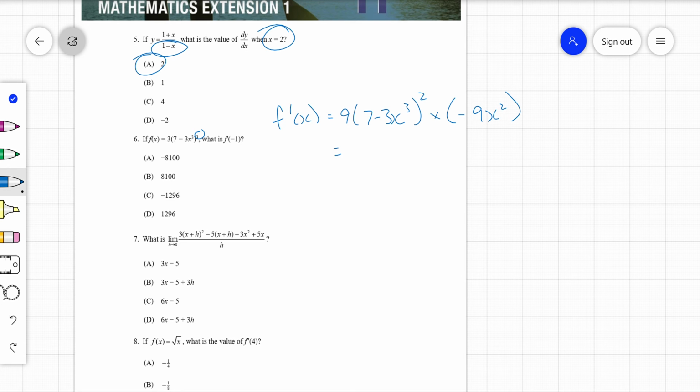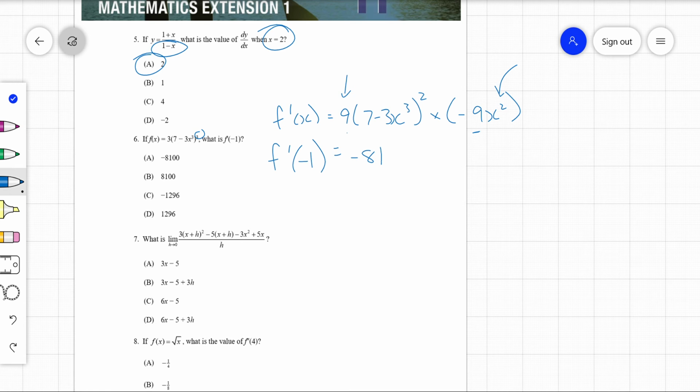So I've got negative 9 times 9, which is negative 81, and if I'm actually subbing, I'll sub in straight away, negative 1. So when I sub negative 1 all squared, that's just 1. So 1 lots of negative 9, negative 9. Negative 9 times the front 9 is negative 81.